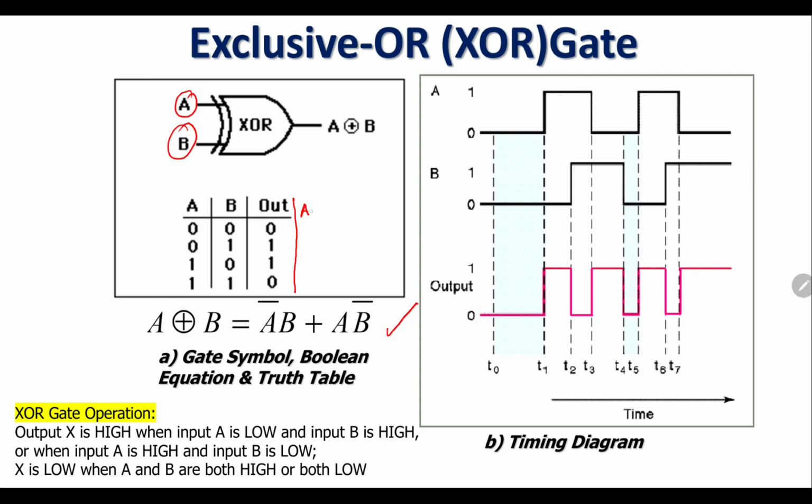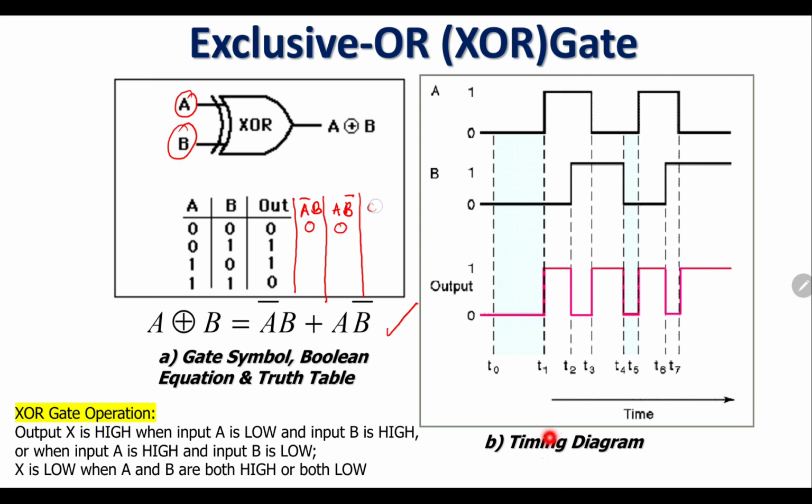You can do A bar B. This one you can do A B bar. So A bar B, for A is 1, B is 0: 0 times 0 is 0. A B bar, A is 0, B is 1: 0 times 1 is 0.